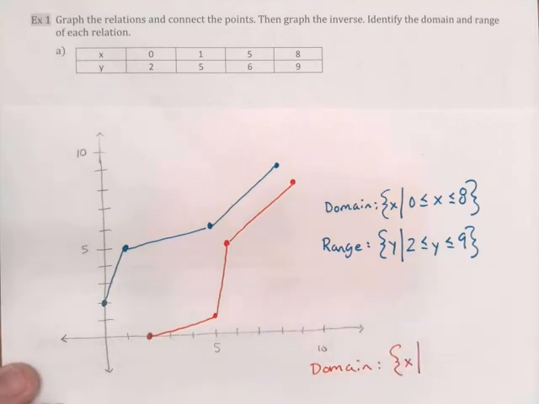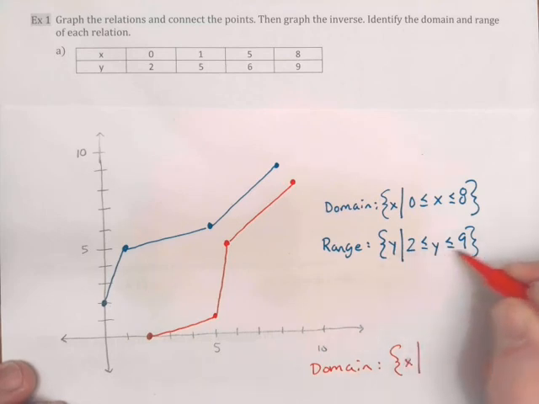So, the domain of our inverse, those are the x values in the inverse. Those were the y values in the original relation. So you can take the range from the original and copy that down for the domain. You do have to switch the variable to x, but the values will remain the same.